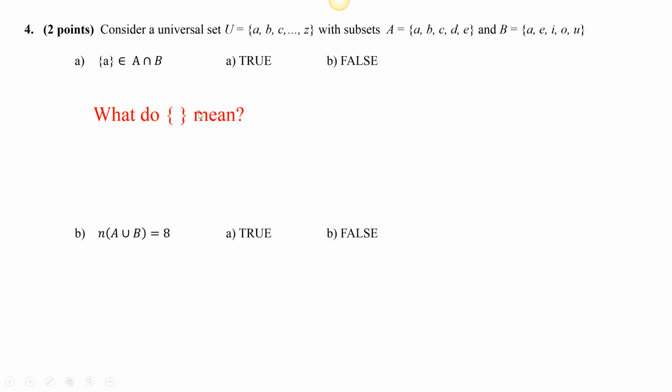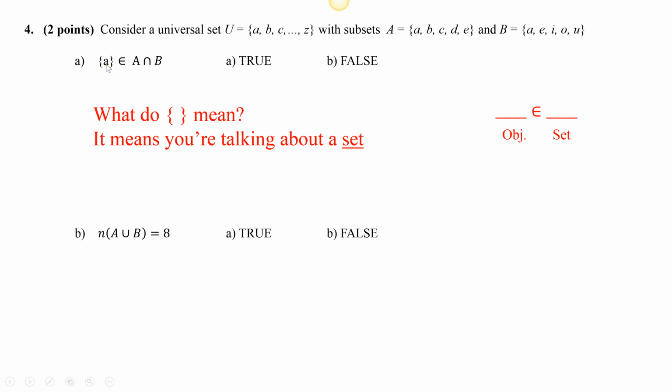What do those curly brackets mean? Those curly brackets mean that you are talking about a set, okay? And in class, I told you guys this, and it's in your videos too, that if you are using the element symbol, anything denoted on the left-hand side is an object, and whatever's denoted on the right-hand side is a set. You're saying that an object is an element of a set, okay?